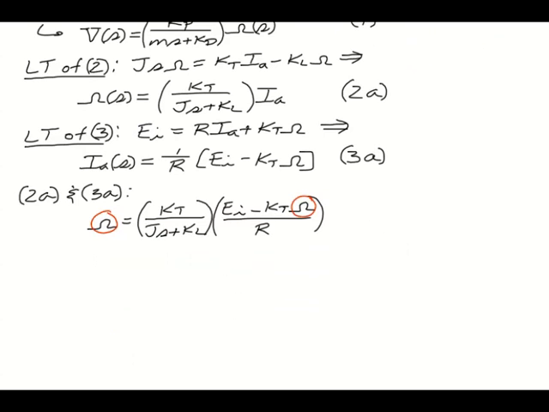So what that will be is R times (J s plus K_L) plus K_T squared, times omega, is equal to the coefficient there, K_T, times the input voltage E_I.